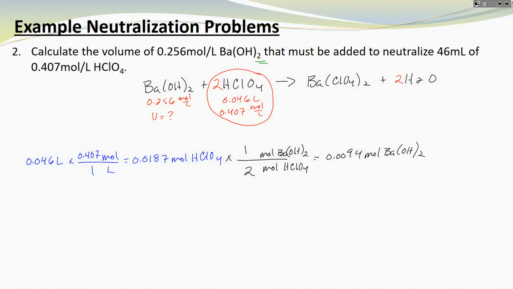BaOH2. Now at this point, we know the moles, and we also know the moles per liter, so I'm going to cancel out moles to get liters. I want to put moles down here, and I want to put liters here. 0.256 moles per liter is the same thing as 1 liter per 0.256 moles. I can just flip it over.